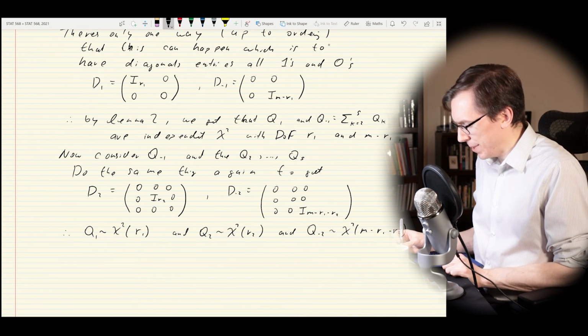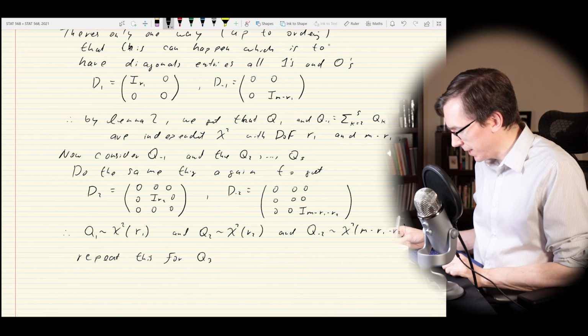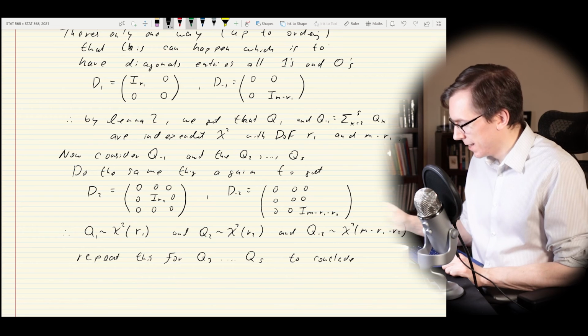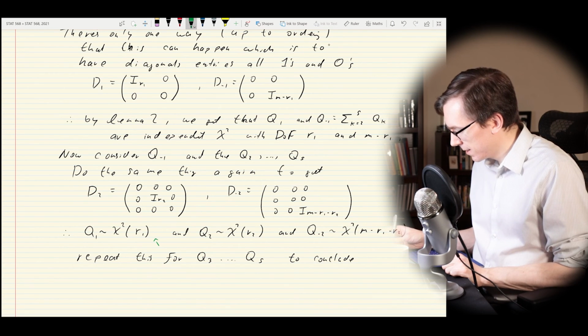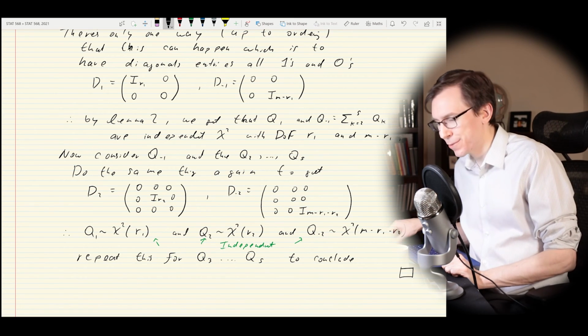So the idea is to repeat this for Q3 through QS to conclude. I should point out that these things are all independent. Right? And that's effectively the end of the proof.